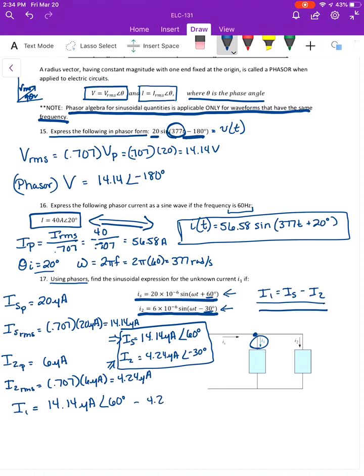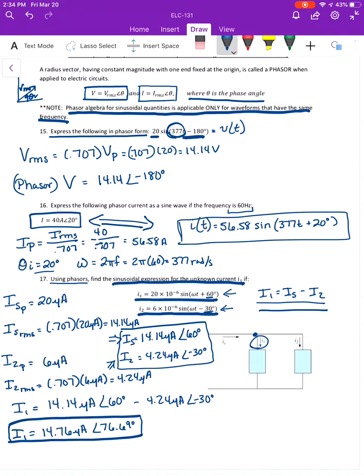If you're not using a calculator, you will need to convert these to rectangular form first, and then you can do your subtraction. So when we do that, I plug this into a calculator and I get 14.76 microamps with an angle of 76.69 degrees.